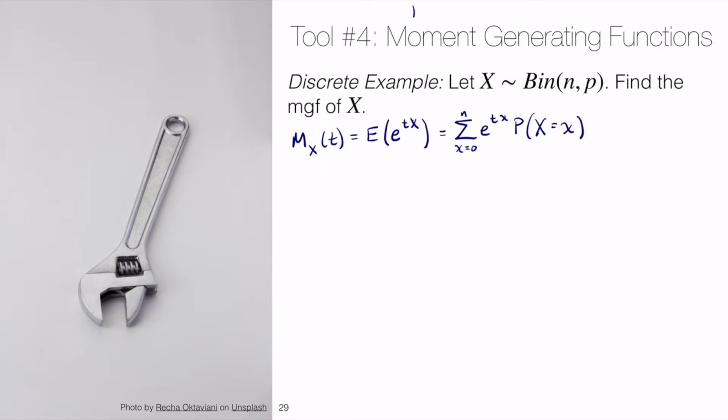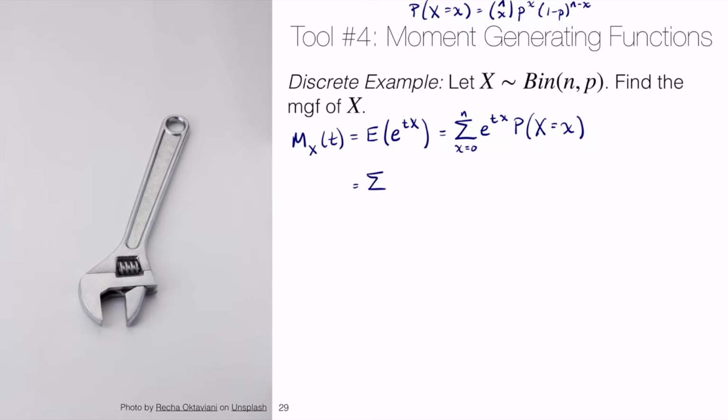So remind yourself, what is the probability mass function of x, where x is binomial? Well, that should be n choose x times p raised to the x times 1 minus p raised to the n minus x. All right, so we'll fill that information in.